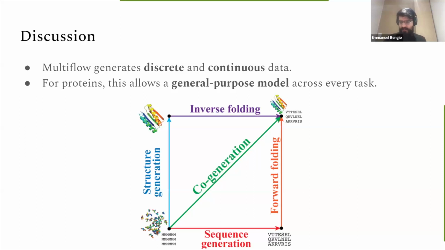Maxwell's asking, in code generation, do you find that the sequence settles before the structure? Actually, the opposite. I think the structure settles before the sequence. We had something called an exponential scaling of the rotations that was figured out by Joey Bose and the Mila people.